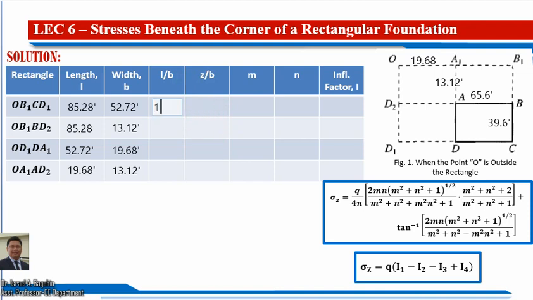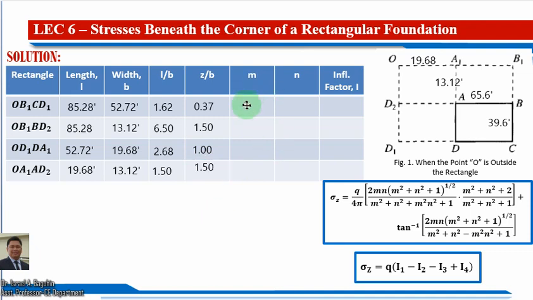So we have here 1.662, here 6.50, then here 2.68, also here 1.50. And for this Z over B, we have 0.37 here, and also here 1.50, and here 1.0, and here 1.50.